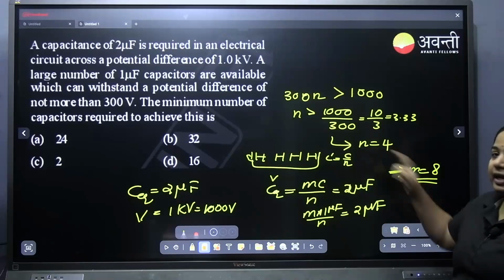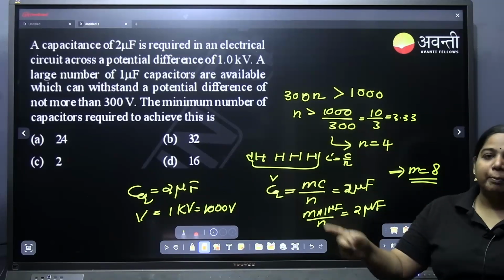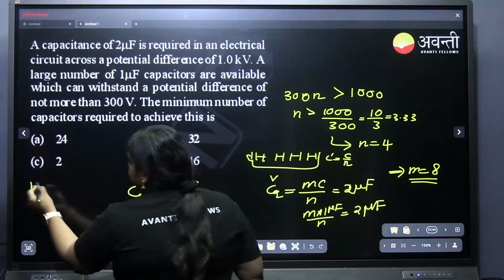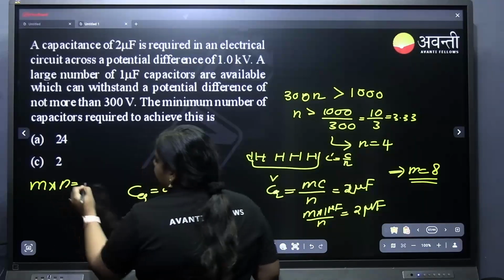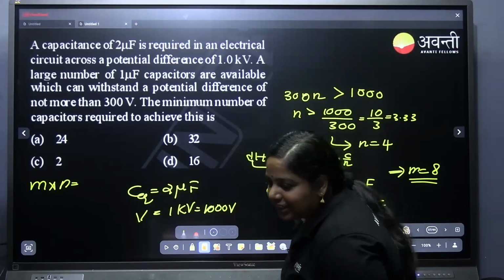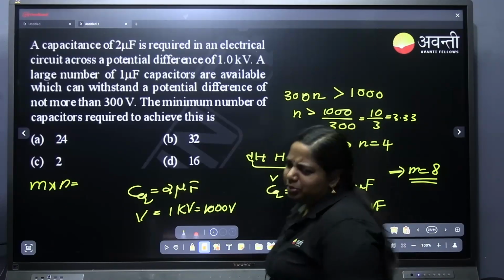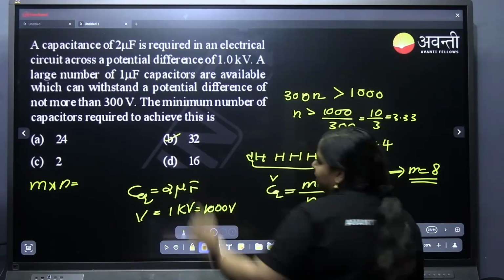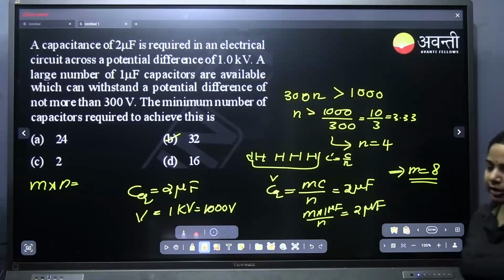So m and n we got. N number of capacitors in m rows. So total number of capacitors is equal to m into n. 8 into 4, that is, okay Sangeeta, very good. Answer is B, 32. Total number of capacitors.